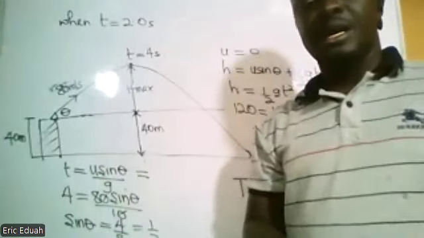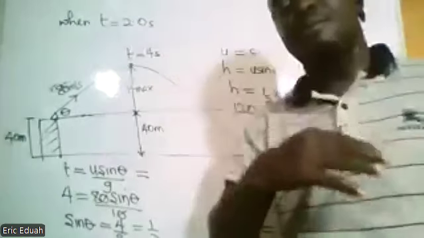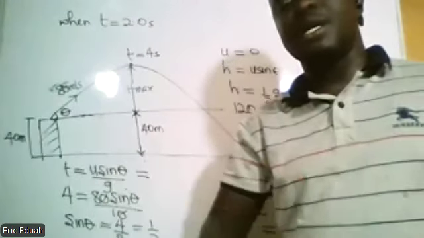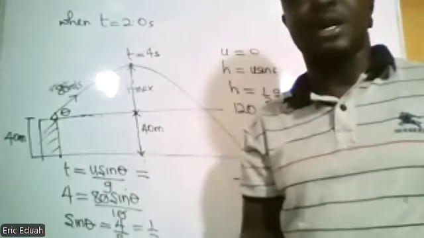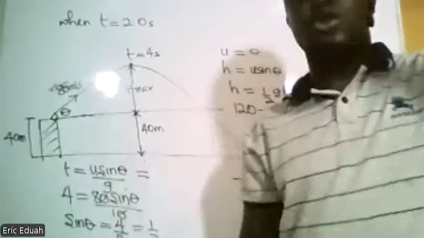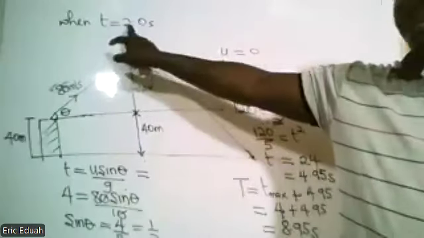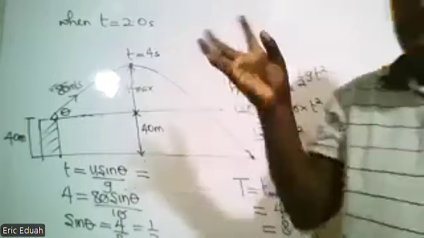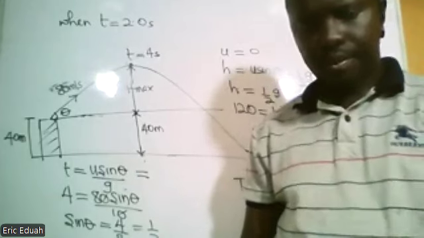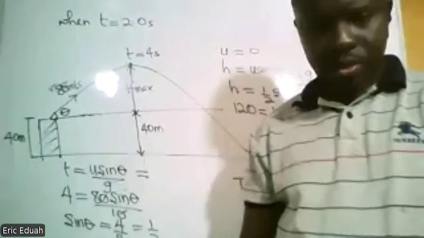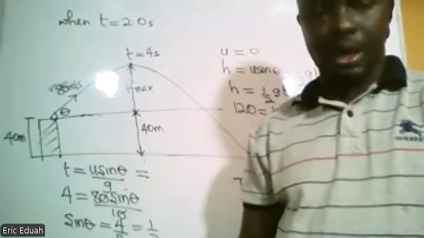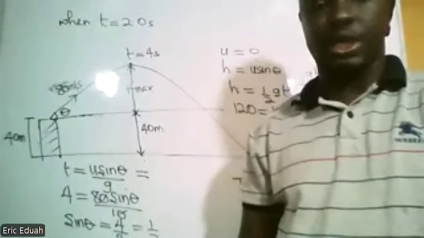Is the body yet to reach the maximum height, or is it dropping from the maximum height to the ground? At this time, what is the position of the body? Okay. All right. Close to reaching the maximum height. Okay, it's yet to reach the maximum height.